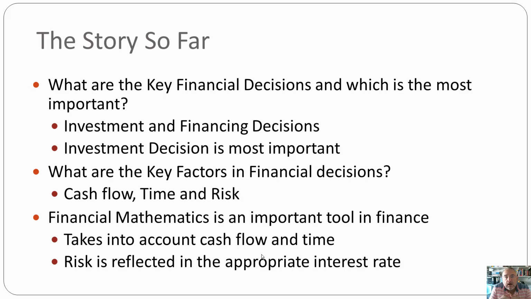But on the inside, you then need to know, well, okay, I've got these limited resources. How do I deploy these resources in a way that best maximizes wealth, best maximizes return to me and to the other investors? So we're going to use the financial mathematics tools that we've already encountered to look at this.